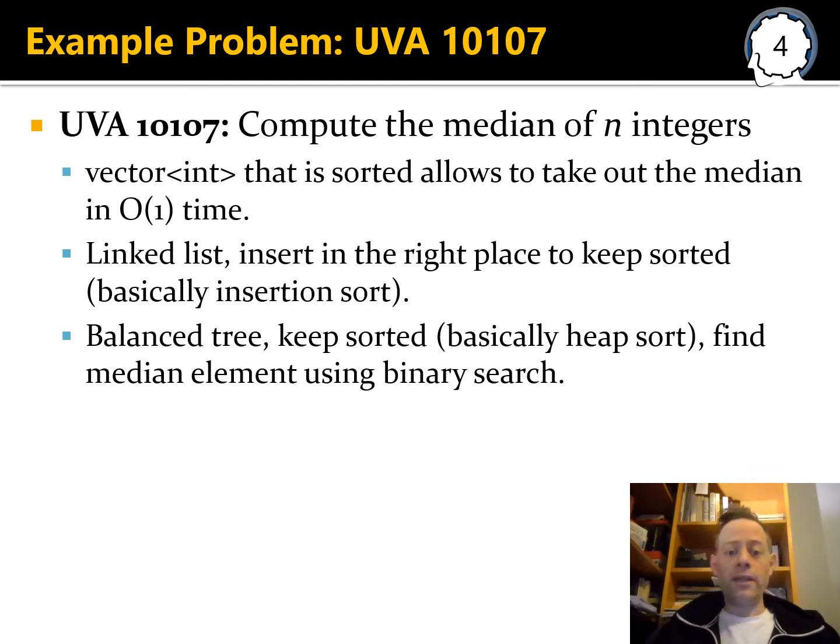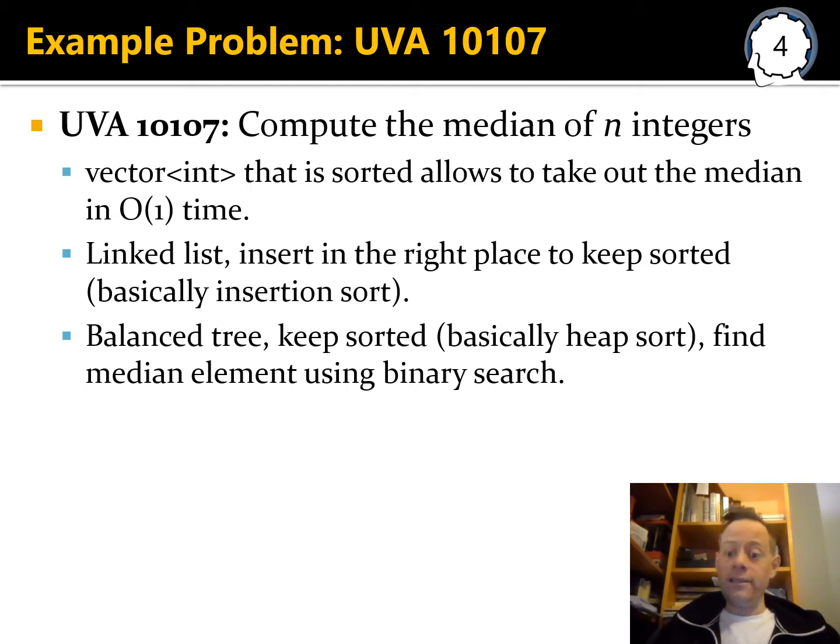There are, of course, a number of different ways of solving this. For example, you can have a vector, and then you need to sort this vector, which is an n log n algorithm. And if it's sorted, you can just take out the middle element or take the average of the two middle elements if it's an even length list, and then you can compute the median.